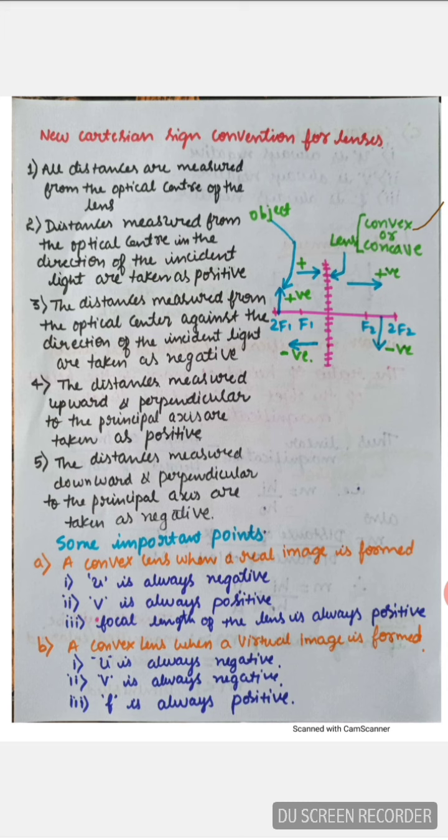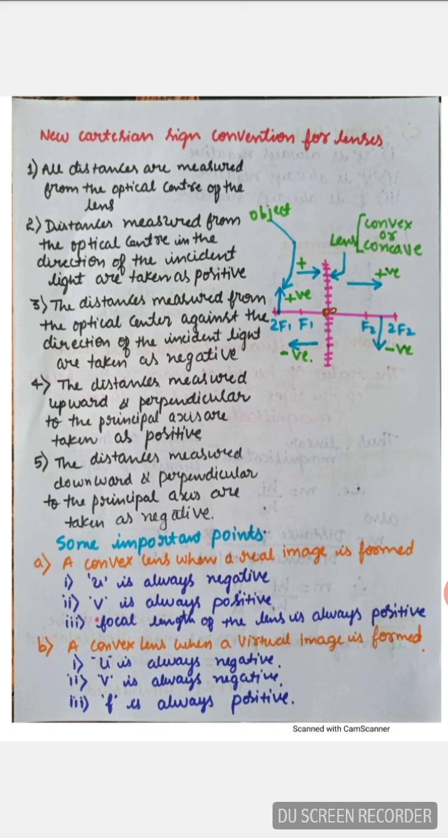Whether it may be convex or concave, I'll consider this part as the lens. This point will be the optical center. All distances are measured from the optical center of the lens.